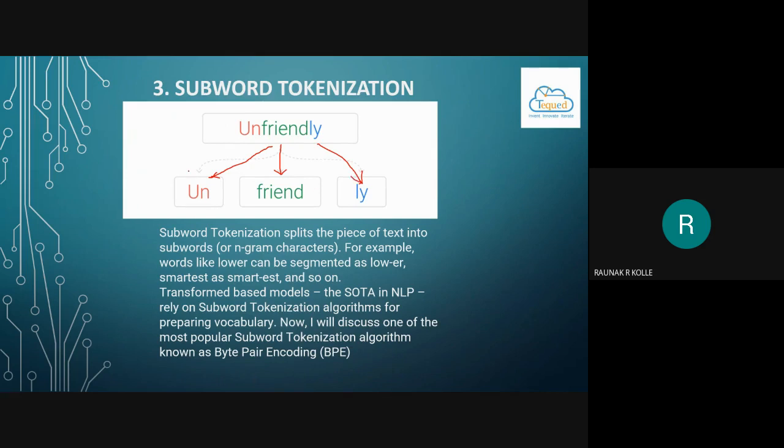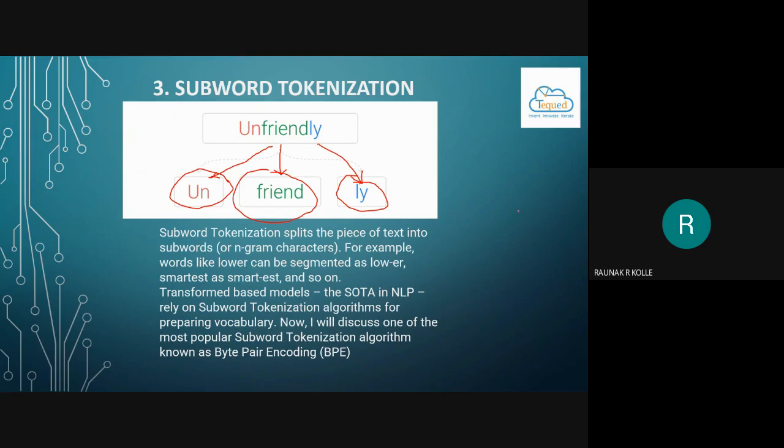So it's made up of three different parts. The root word or the main content of this word unfriendly is friend. But notice how there is a prefix and suffix which, when isolated, do not make sense. The word un or the word ly do not make sense individually, but when combined with the root word, the main portion of the word, the prefix and suffix do make sense.